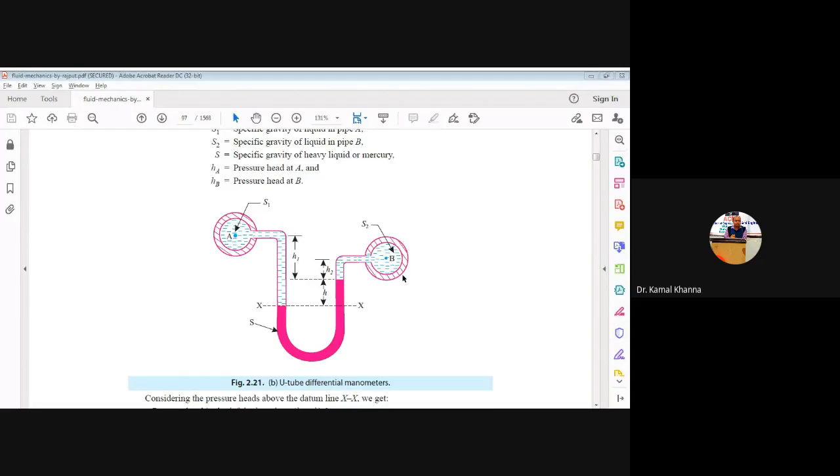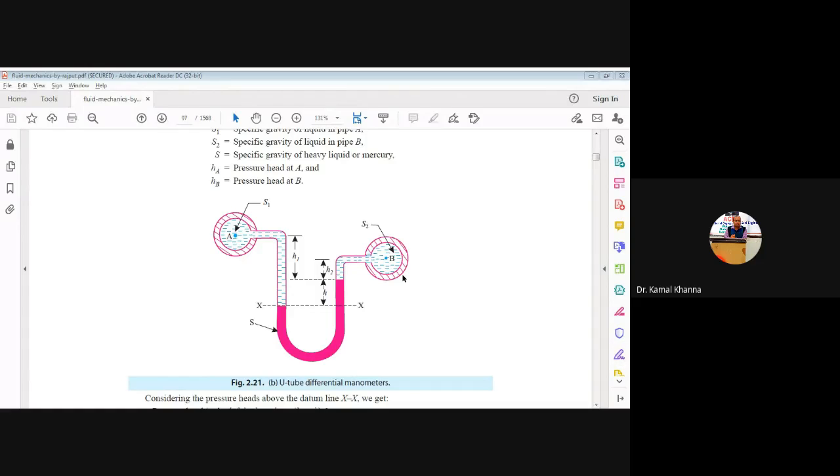So X, the dark pink liquid, is the reference liquid, that is mercury in our case. The reference line is called the XX datum, and the pressure head for point A is H1, measured from point A to the second liquid.